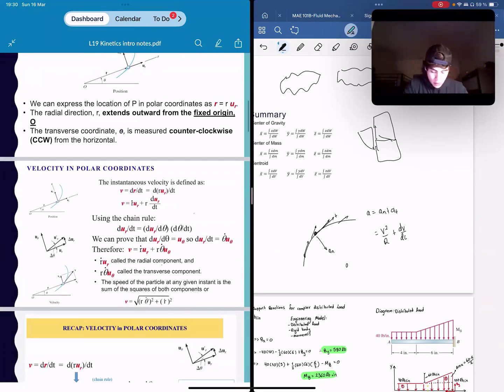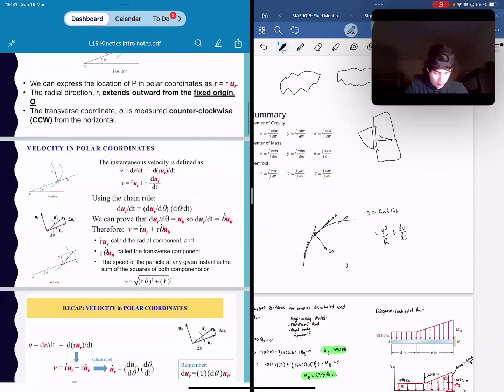So in the class, we derived a set of equations that describe the velocity and acceleration for cylindrical polar coordinates. Polar meaning using the radius and the angle theta. Cylindrical meaning the same in 2D, and in 3D, just adding another component that is the z-axis.